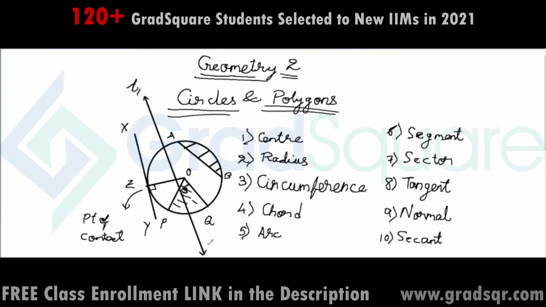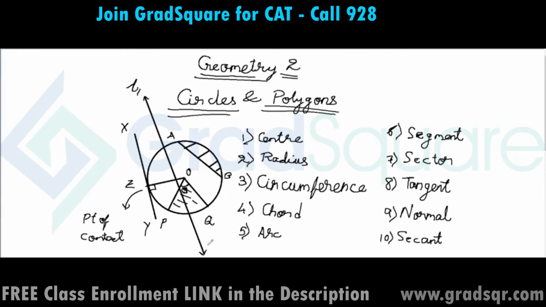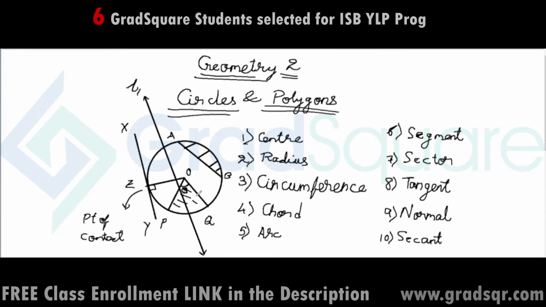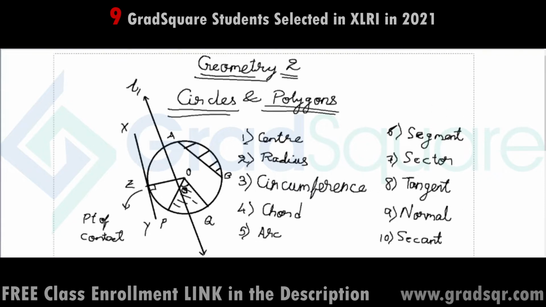So remember, as I said, chord is a line segment, whereas secant is a straight line. So what I can say is that the relation between chord and secant is that the section of a secant which is present inside the circle is what is called a chord. Right? And the straight line that a chord is a part of is called the secant of a circle. Right? So these are the basic terms and terminologies associated with circles.